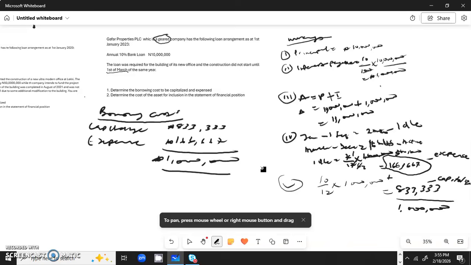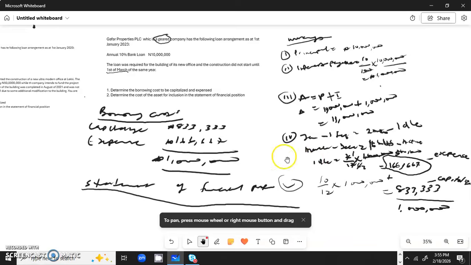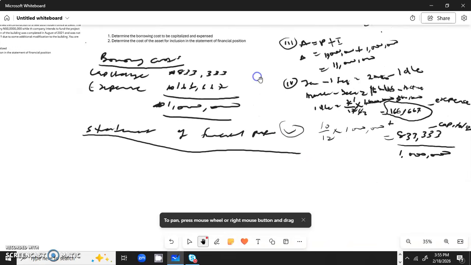So how do we now capitalize it? In our statement of financial position, sorry for that, don't mind my ruling, you can do your own and draw your own perfectly.